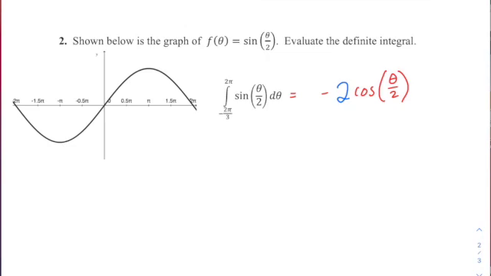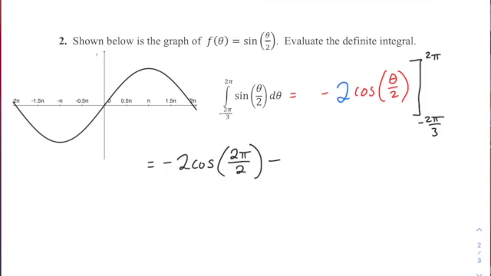And now we are evaluating from negative 2 pi over 3 to 2 pi. So we plug in that upper limit first. So negative 2 cosine of 2 pi over 2, which is going to reduce to pi, minus the difference between plugging in that bottom one.